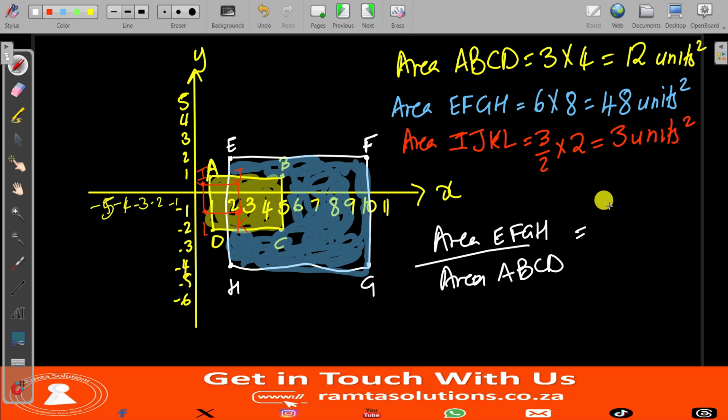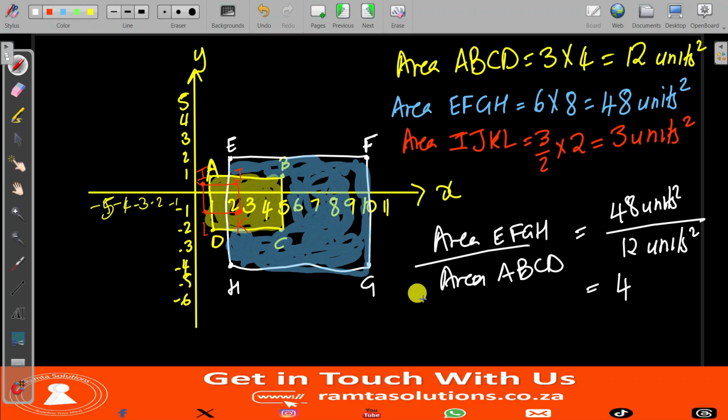When you look at it, this is 48 square units over 12 square units. What is it? It is 4, right?